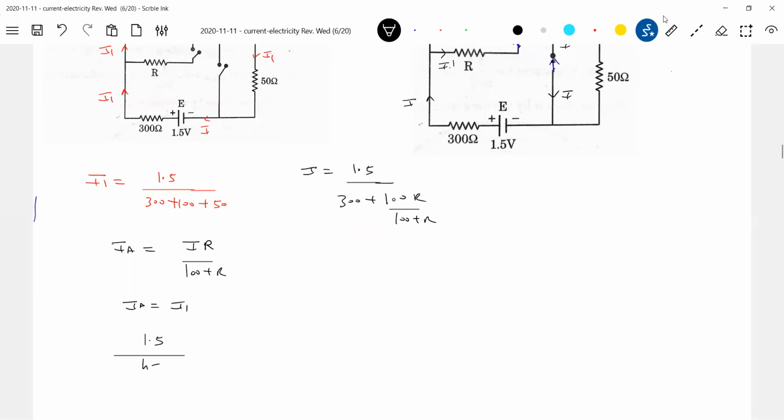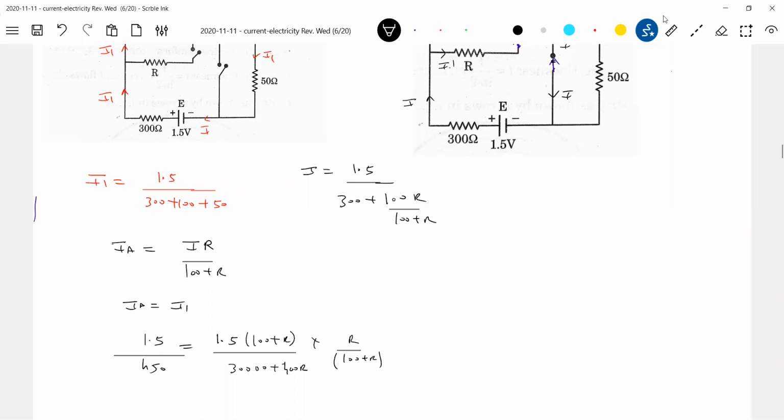So this will be 1.5 by 450 should be equal to I, which is 1.5 by 300 plus 100 R by 100 plus R, times 100 plus R by 100 R. The 100 plus R cancels.